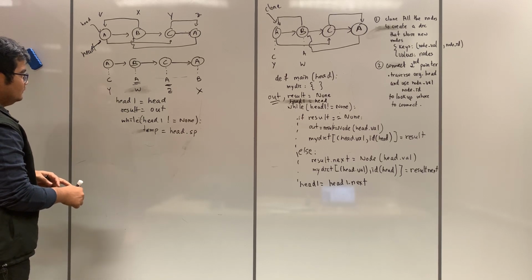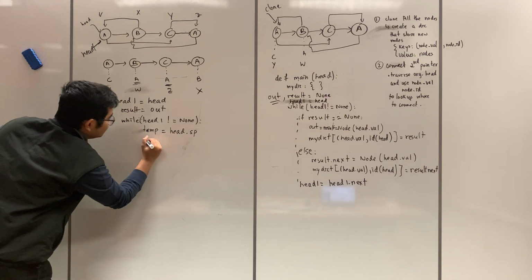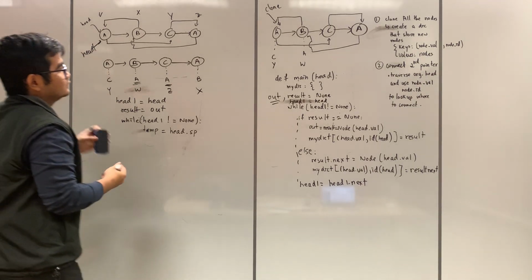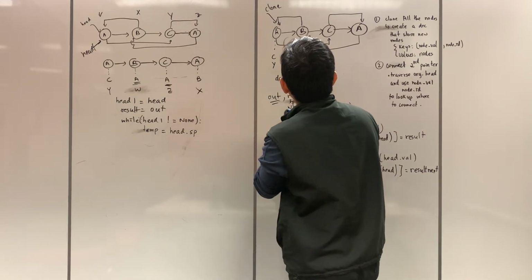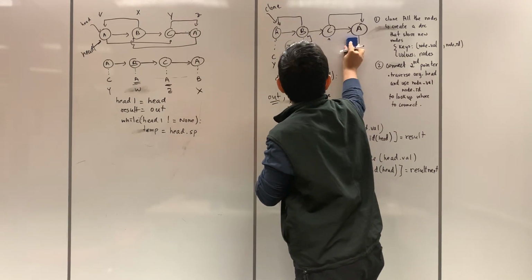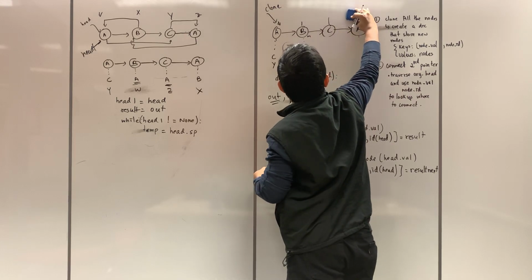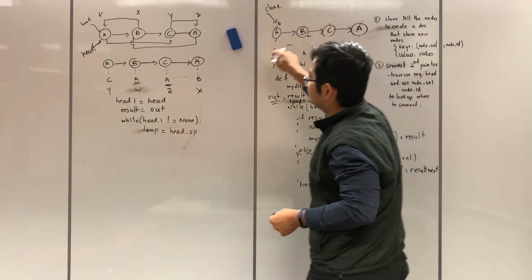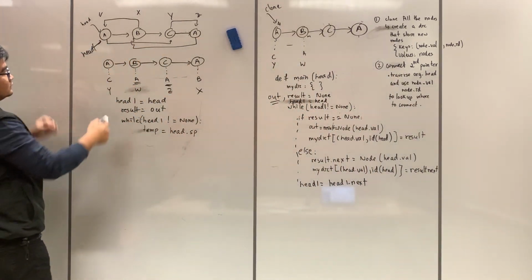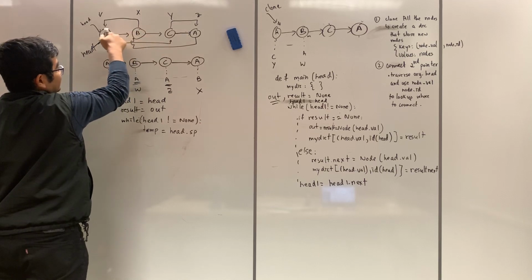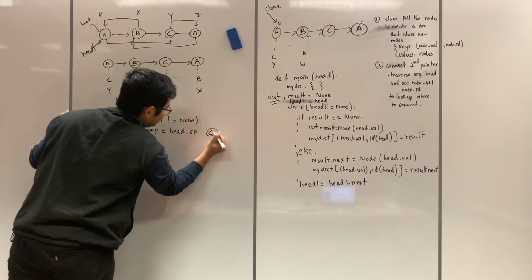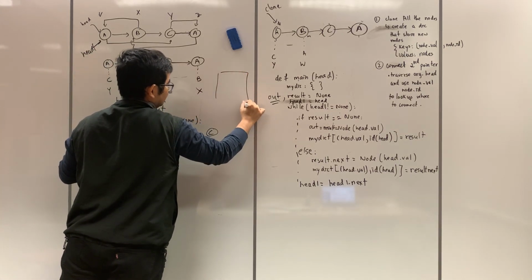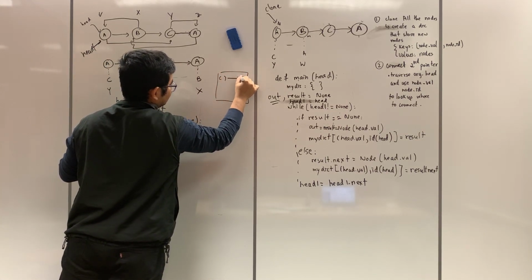So the goal is we want to point. Initially we don't have this. After stage 1 we have just this, and then this is the original input, so we check that. A pointed to C, so right here we know C. And we have a dictionary containing the map to the node.